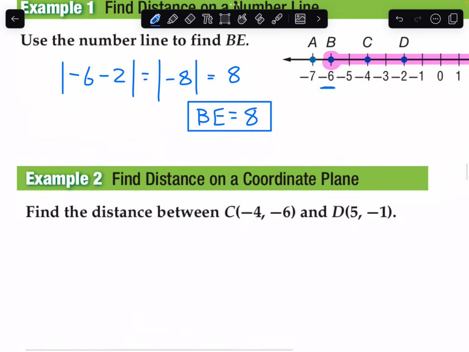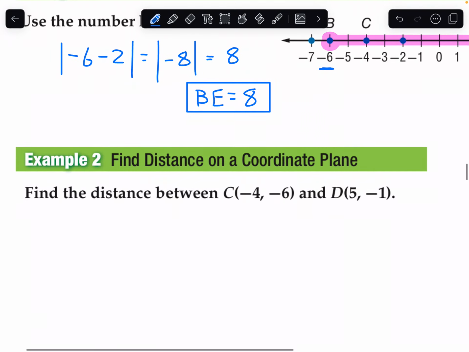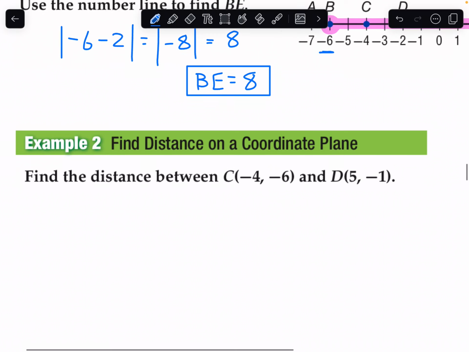Example 2, find distance on a coordinate plane. Find the distance between point C at negative 4, negative 6, and D, 5, negative 1. Since this is a two-dimensional distance, given the x and y coordinates here, we're going to use the good old distance formula.